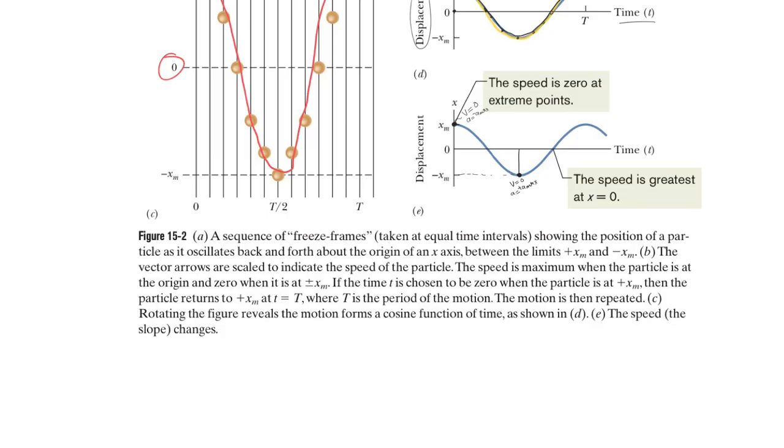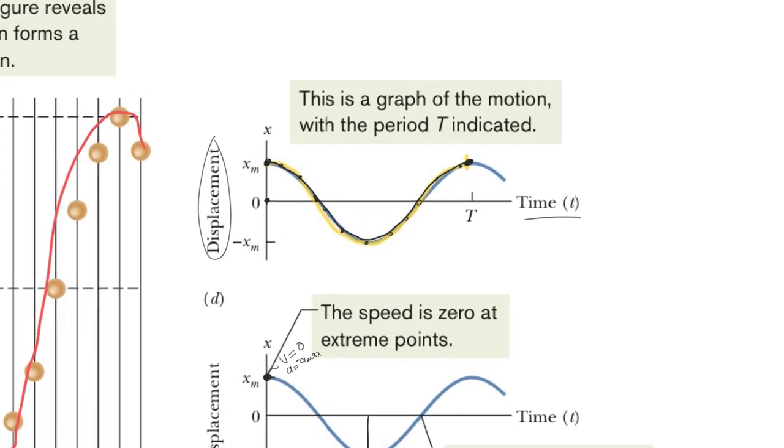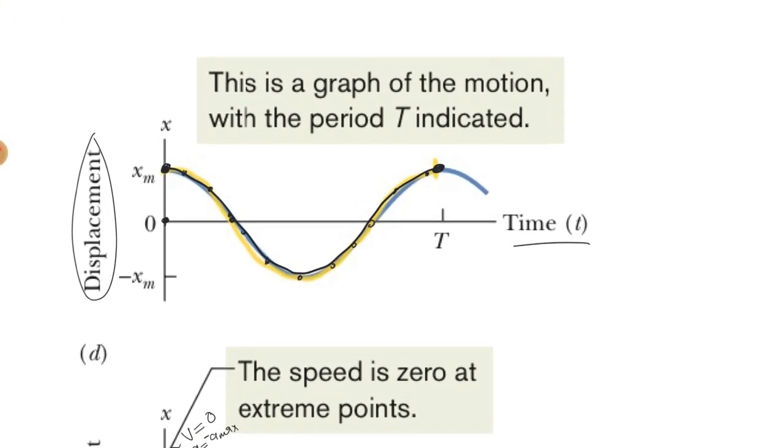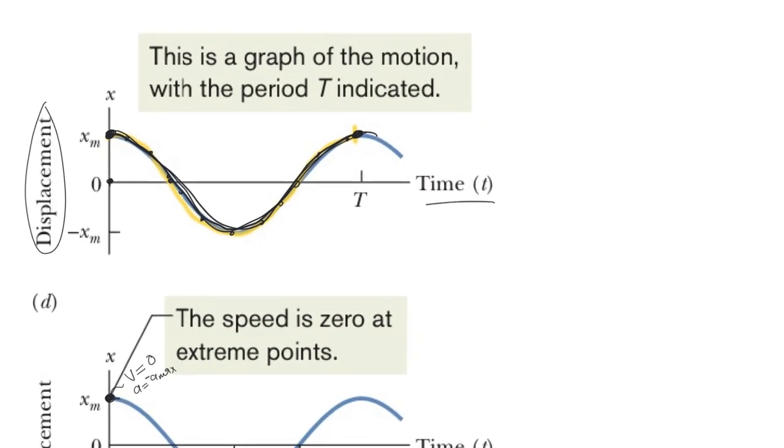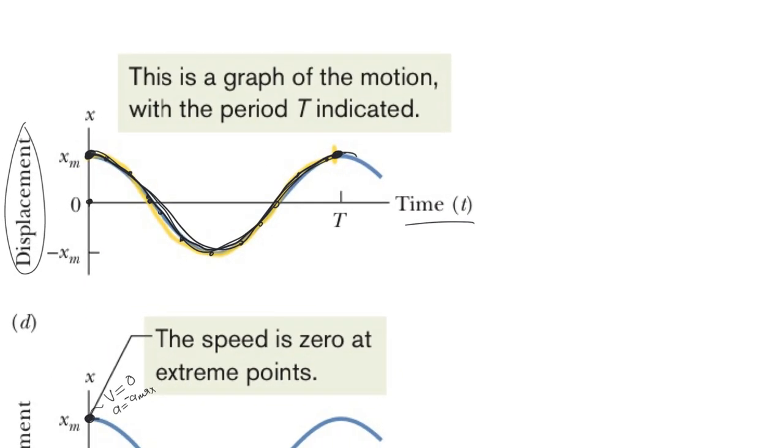Okay, so now we understand this. Now we can see from this figure that the particle moves in this way. If we want to represent the position of the particle, or how the displacement of this particle changes with time, we must write it as x of t.